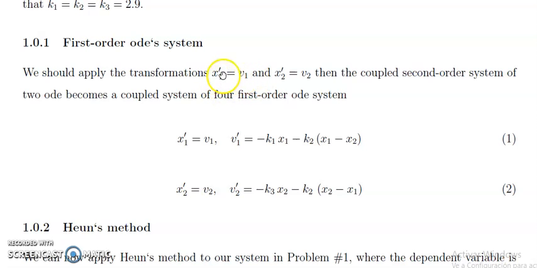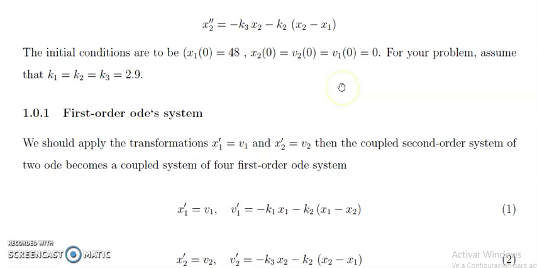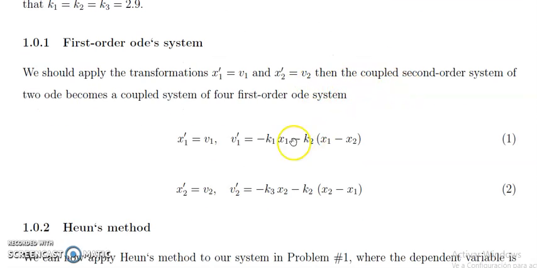So x1 prime is equal to v1 and x2 prime is equal to v2. Then the coupled system becomes this one: x1 prime equal to v1, v1 prime equal to minus this thing here, x2 prime equal to v2, and v2 prime equal to minus k3 times x2 minus k2 times x2 minus x1.